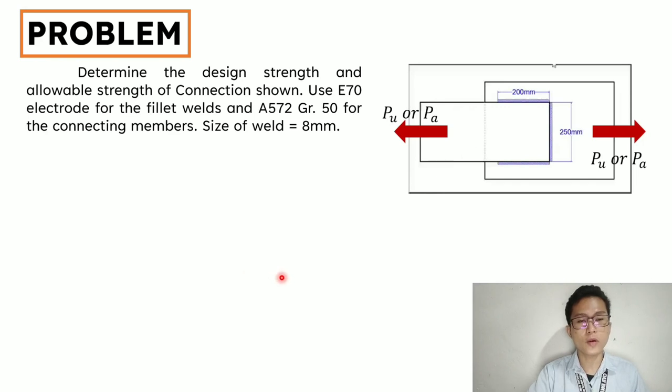We are going to solve for P sub U and P sub A, which are the design strength and allowable strength. For design strength, we are using load and resistance factor design, also known as LRFD. And for allowable strength, we are using allowable stress design or ASD.